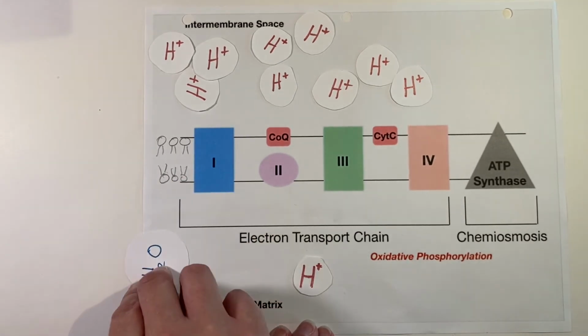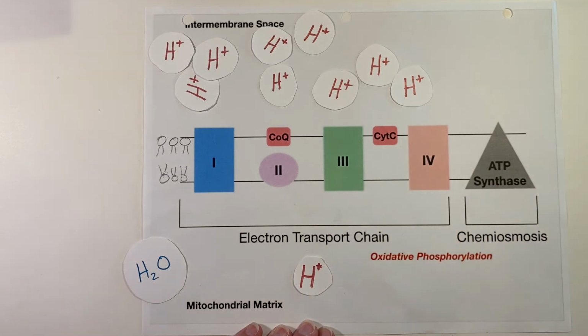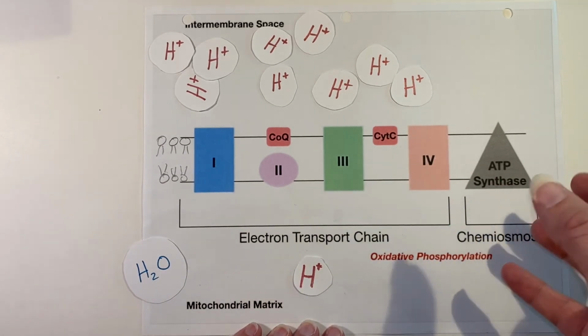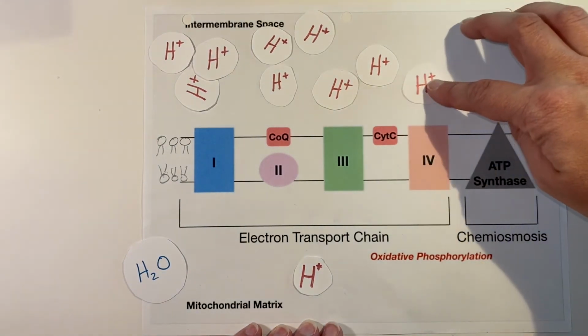And when it does that, ATP synthase has got a really cool, almost mechanical kind of setup to it. And it turns like a turnstile at a theme park entrance, or a windmill that's grinding up grain.